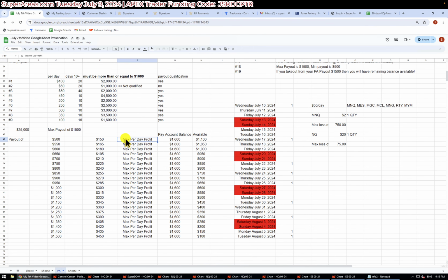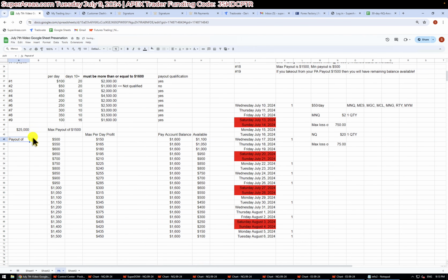My max per day is 150. So you have to make sure that you don't make more than 150 a day. So if you take out $500 from $1,600, you will have $1,100 available.